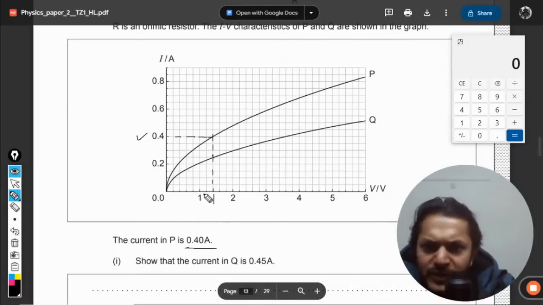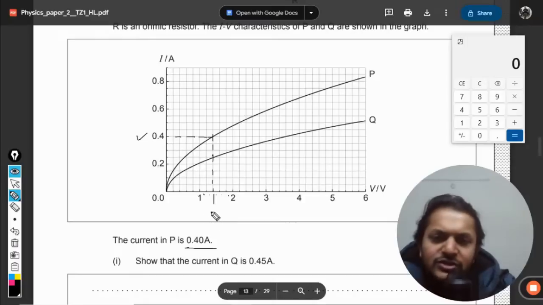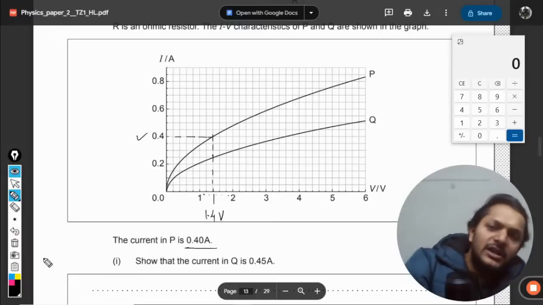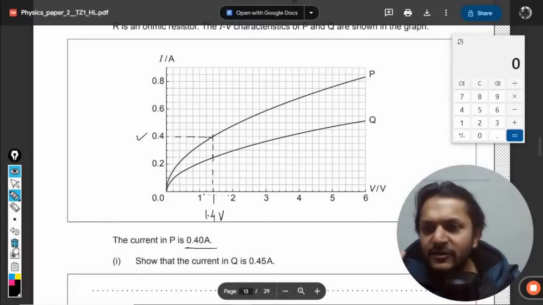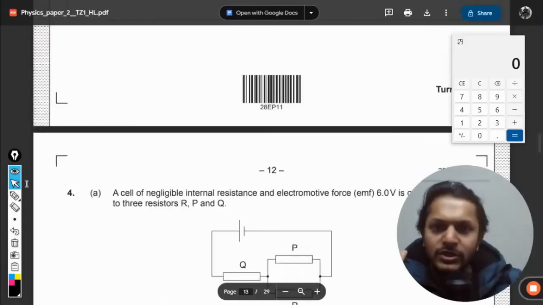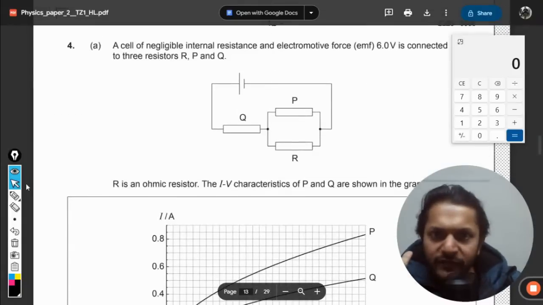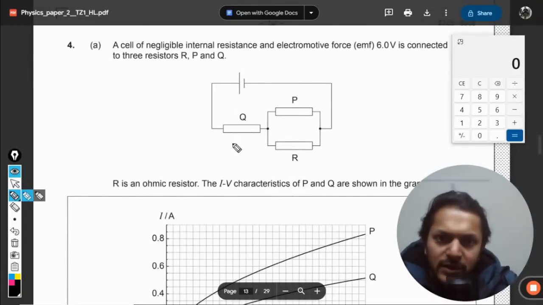What is this value? 1, 2, 3, 4, 5. So it's basically 1.4 volt. So 1.4 volt is the potential difference across P.